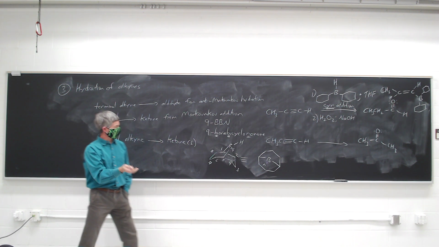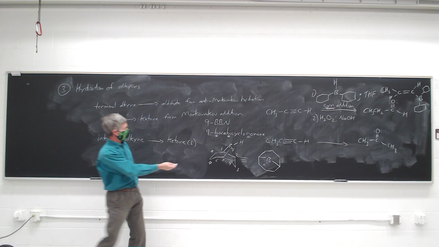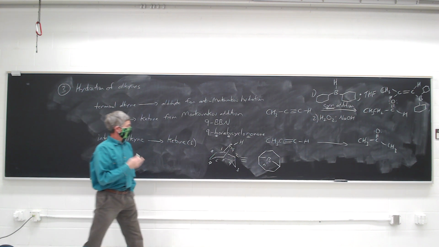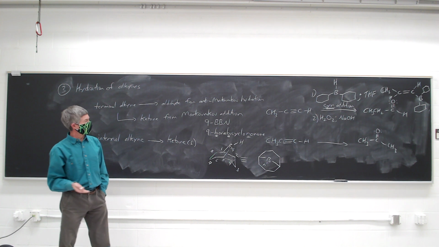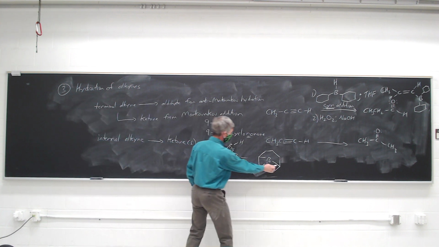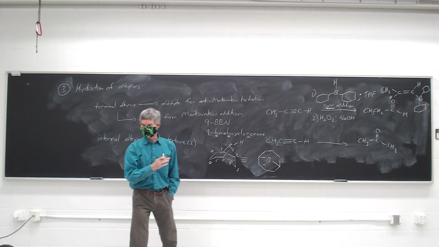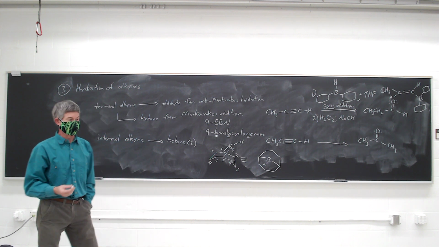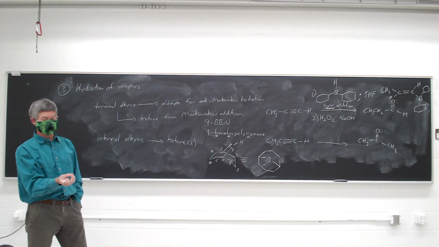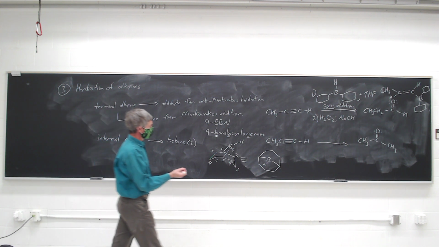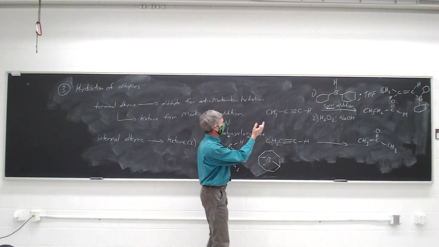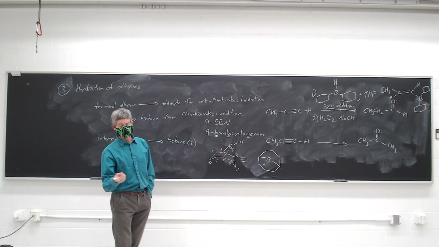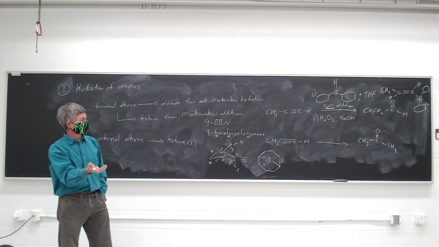So it's 9-borobicyclo because atom number 9 is replaced with boron. The essential component is that we have large, bulky alkyl groups replacing two of the hydrogens on the borane. So we have only one hydrogen, and because we have only one hydrogen, it can only add to one equivalent of alkyne.